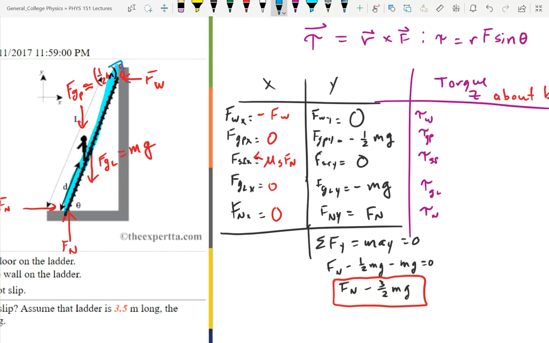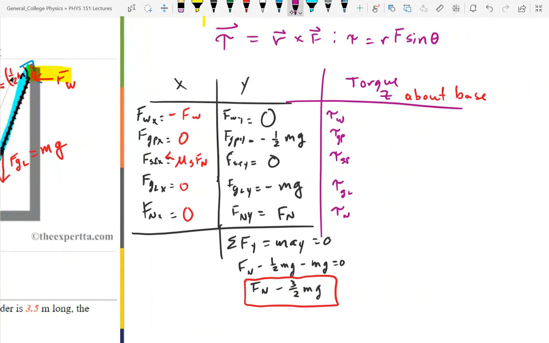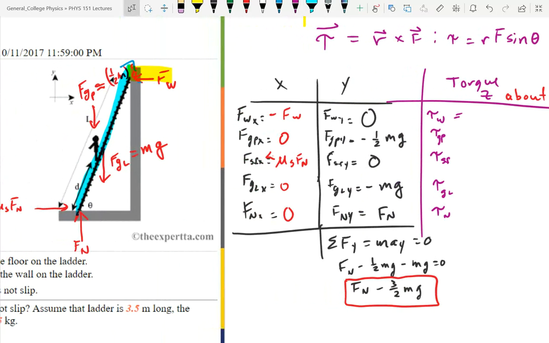And of course, the force is going like that, so I need the angle between R and the force. How would I find the angle between R and the force? Or you could just find the perpendicular distance if that's easier for you.